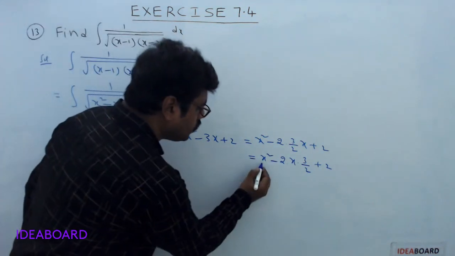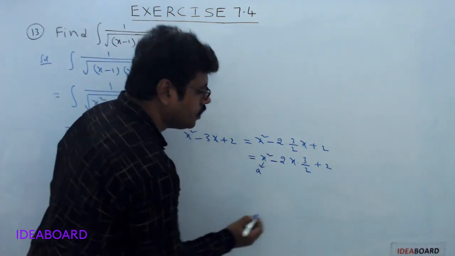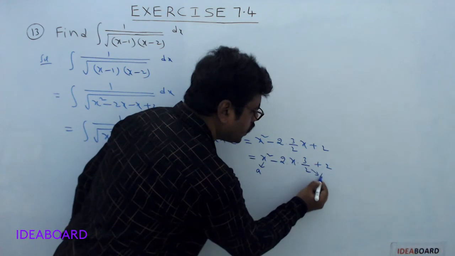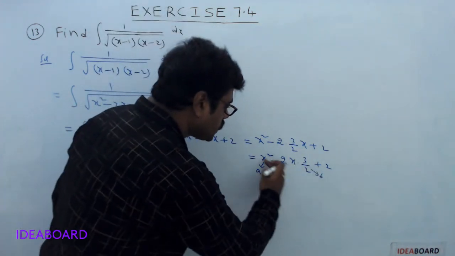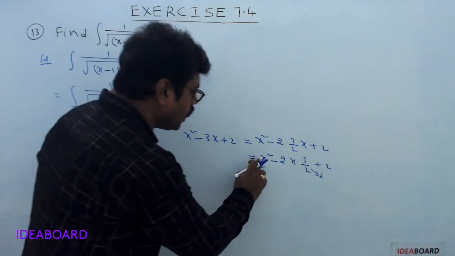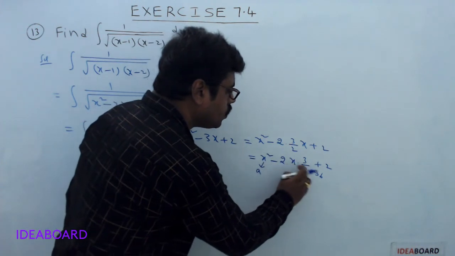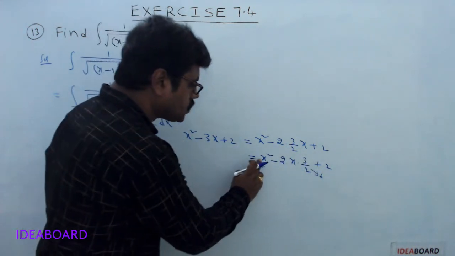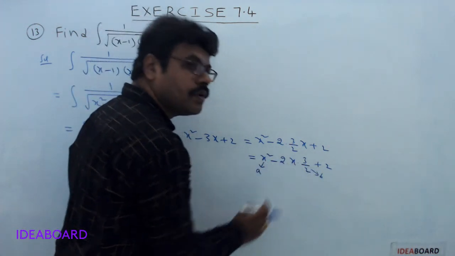If you consider x as a and this 3 by 2 as b, this expression is of the form a square minus 2ab form.